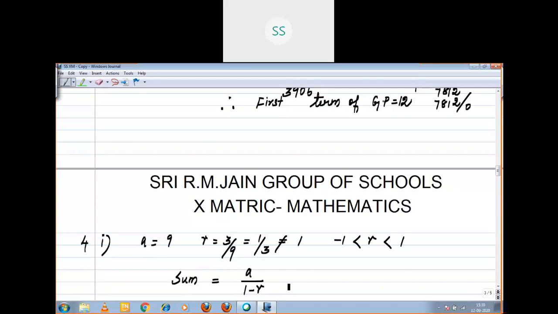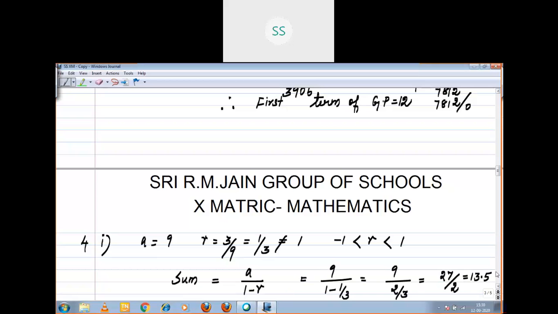Sum to infinity means what is the formula? Sum equal to a by 1 minus r. That is the formula, right? Sum to n terms means a into r power n minus 1 divided by r minus 1.